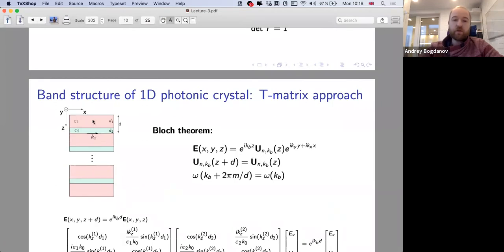In addition to this, we have a translation symmetry along the x and y directions.